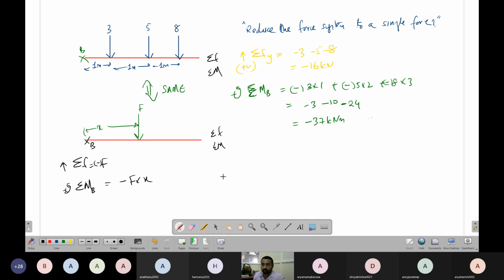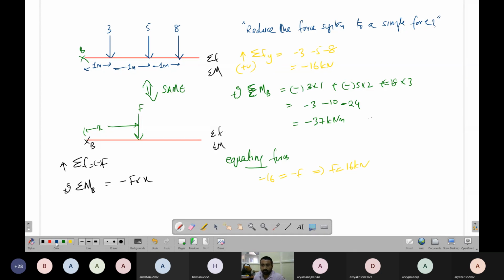Equating forces, that means -16 equals -F. So this implies F equals 16 kN.